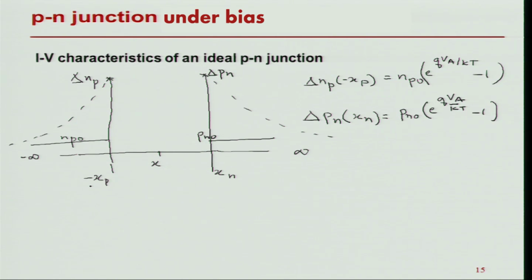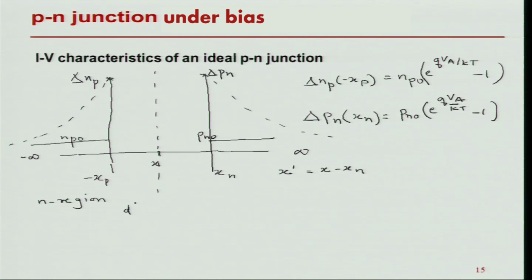So, let us solve it for the n region. For the n region, we are going to make a slight change in the differential equation, because the way we have written it earlier is with respect to x. It becomes easier if we change the coordinate to x prime, which is x minus x n, because then the solution is obtained from the edge.